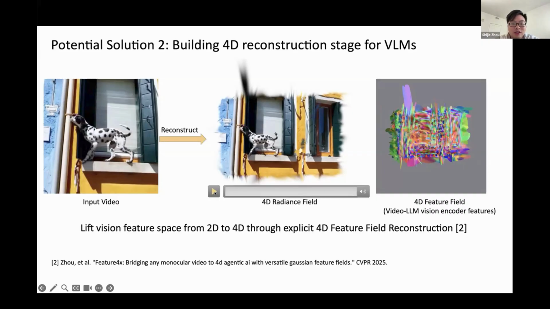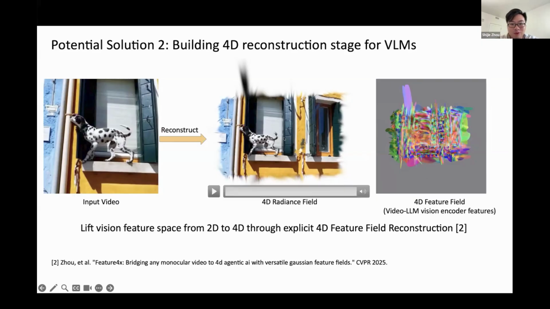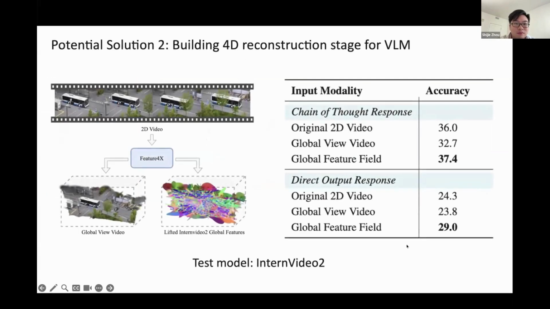We see that even when we have a very good visualization of the global scene, it also introduces some artifacts. But if we do it in the latent space itself and ask the VLM to infer from the latent space directly, the rendering artifacts will be bypassed. So we don't want to bring the trouble, and we want to help the VLM by injecting the global context.